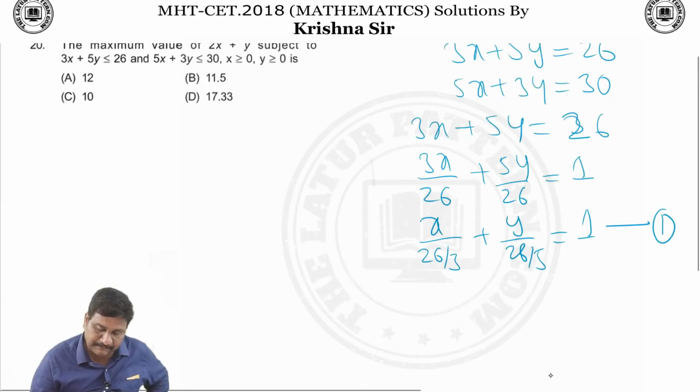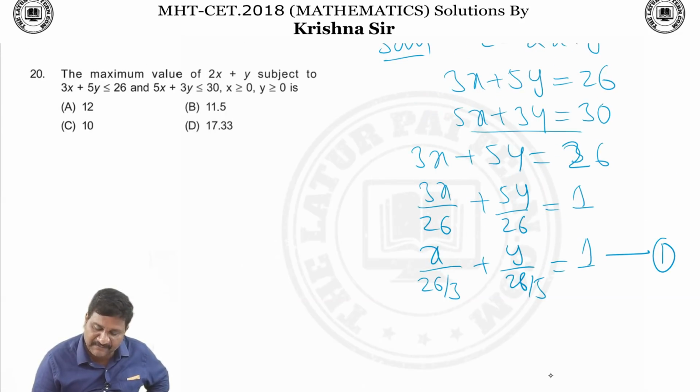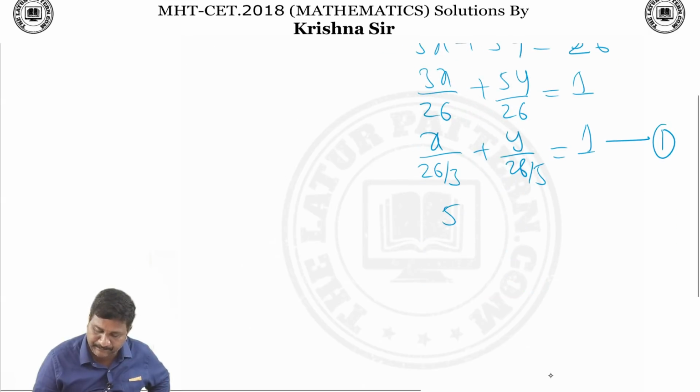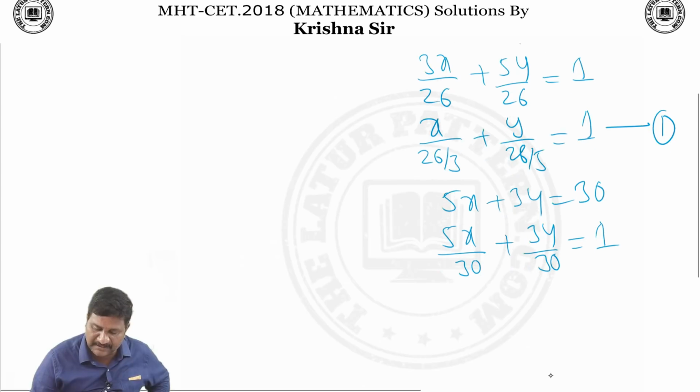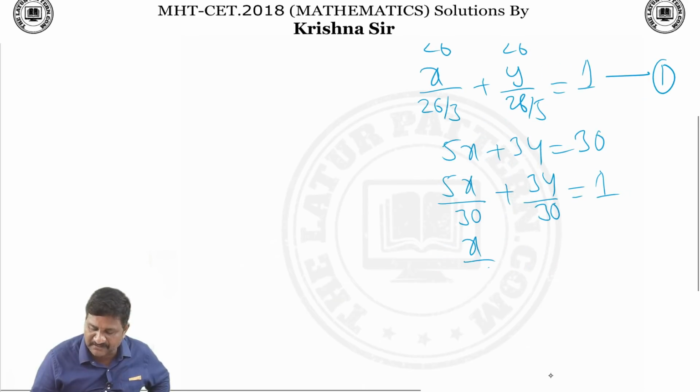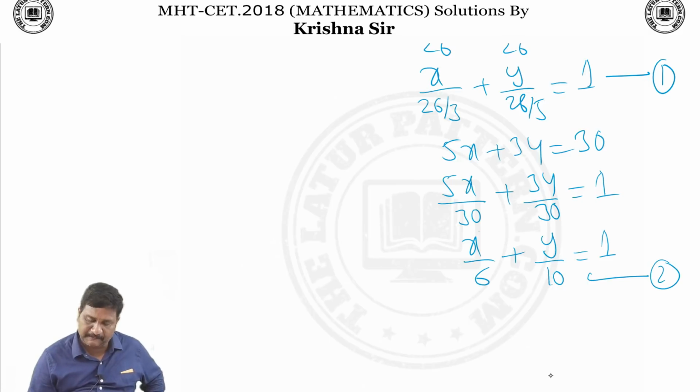Second line is 5x plus 3y equal to 30. Can be taken as dividing by 30 on both sides. Okay, we are getting 30 upon 30. Here it is x upon 6 plus y upon 10 is equal to 1. This is our second line.